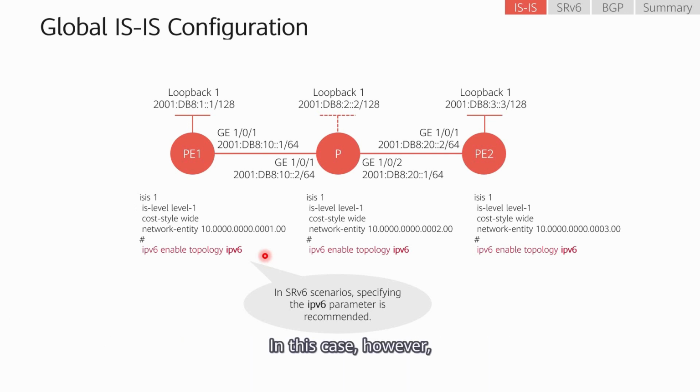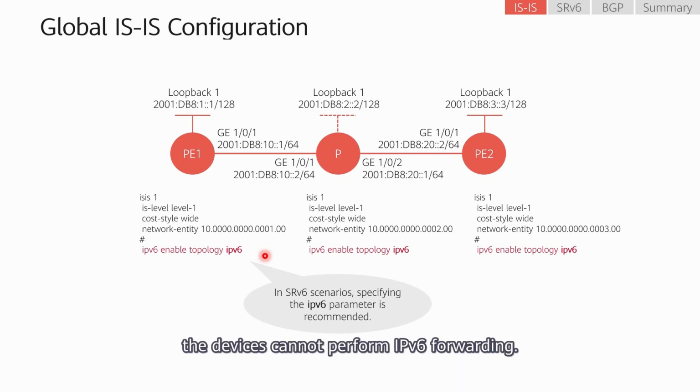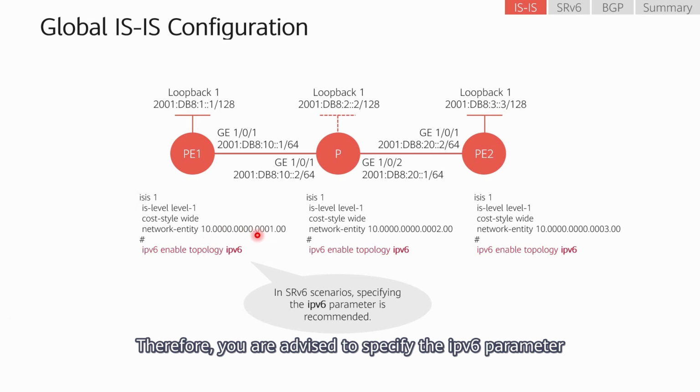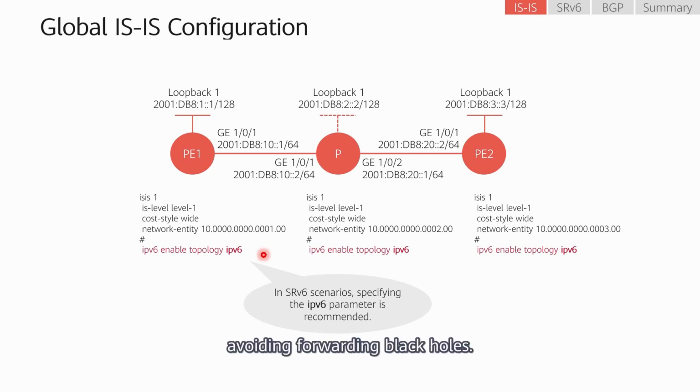In this case, however, if some devices on the network are not configured with IPv6 addresses, the devices cannot perform IPv6 forwarding. Therefore, you are advised to specify the ipv6 parameter to ensure proper forwarding in an SRv6 scenario. In this way, IPv6 calculates routes based on its own topology, avoiding forwarding black holes.